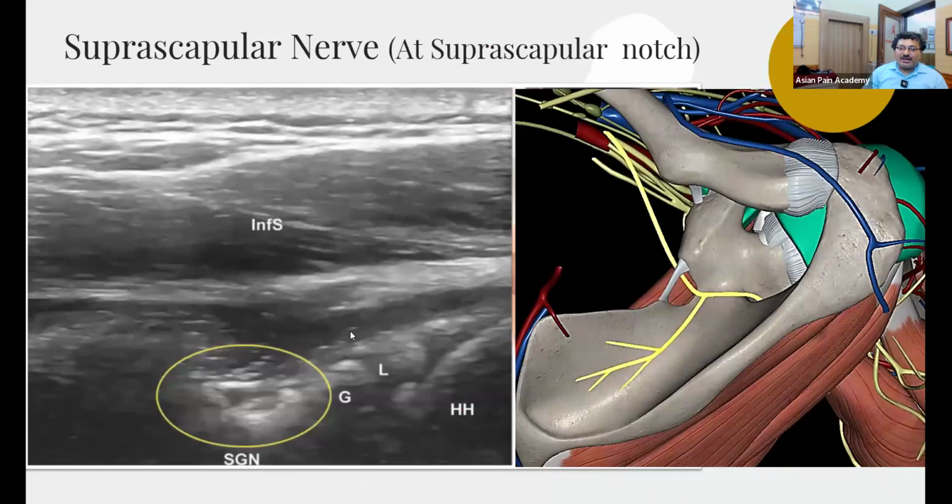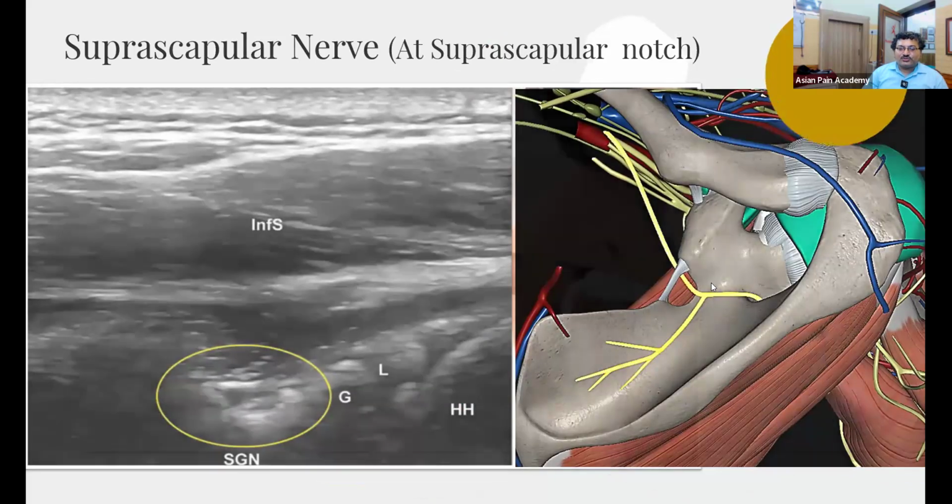Okay. So above the spine, when we are blocking at this point, there is usually a ligament at this point. Okay, that is the transverse scapular ligament. So here you can see the transverse scapular ligament, and below it at this point, you can see it is actually the suprascapular notch.